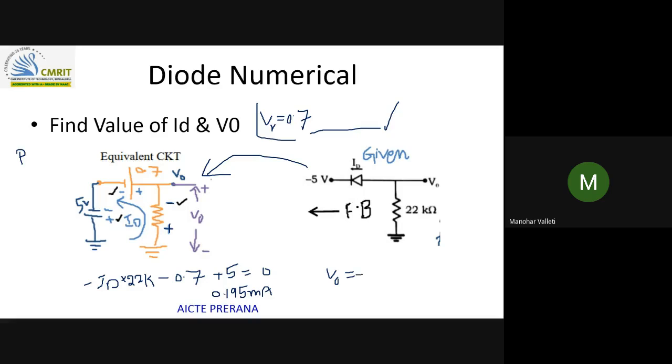Obviously V naught will be negative of 22k multiplied by ID. Minus 4.29, yeah, 4.29 volts.